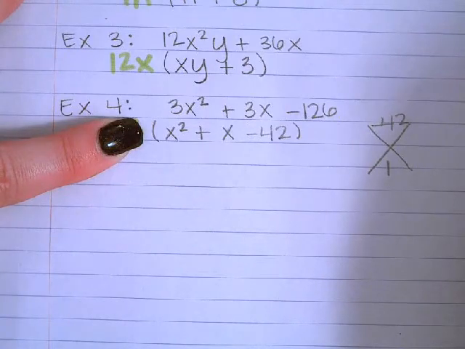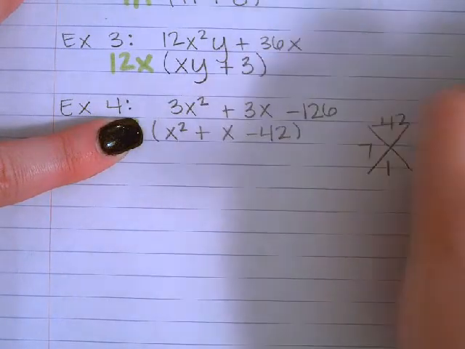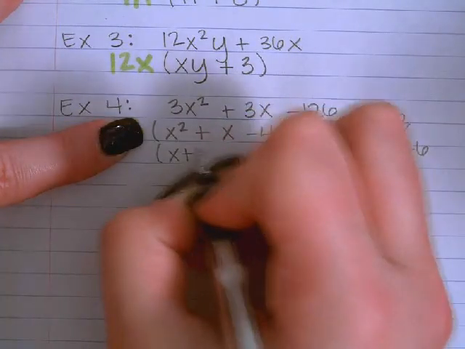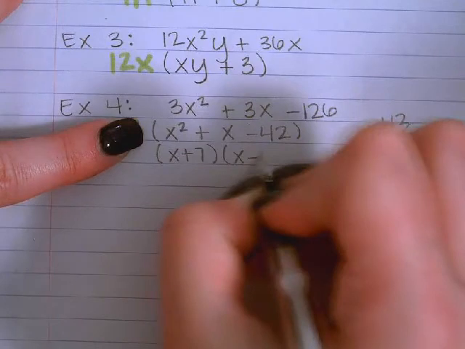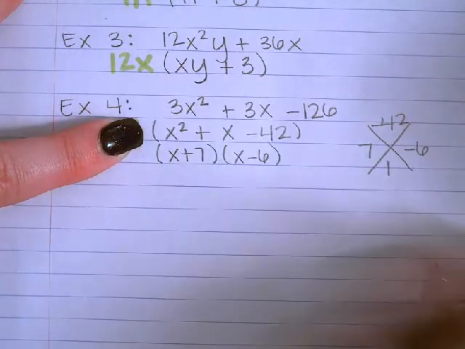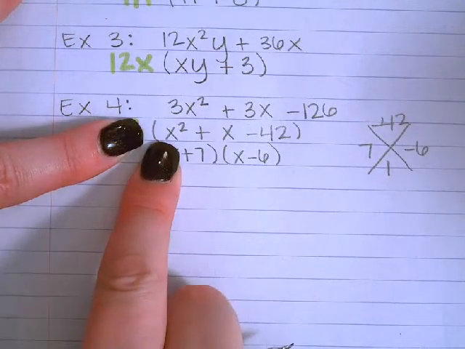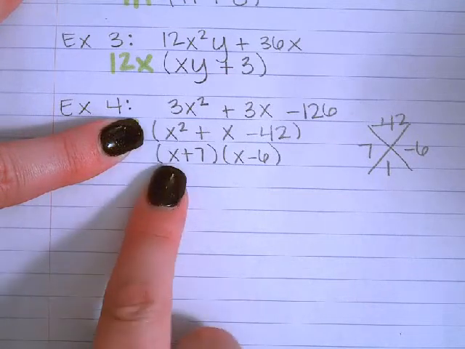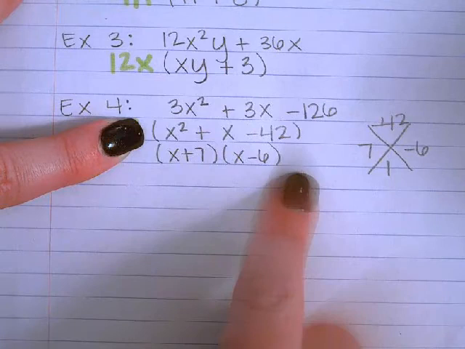And the 2 numbers that do that are 7 and negative 6. So I have x plus 7, x minus 6. And because it's just an x squared all by itself, it's not a slide divide problem. This is just normal trinomial factoring, a equals 1, easy peasy.